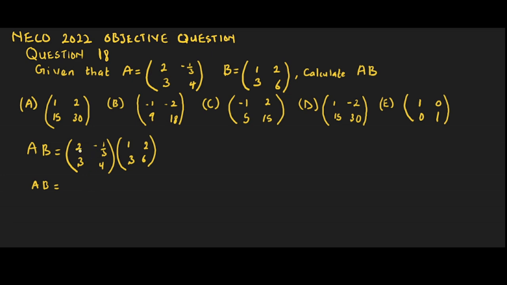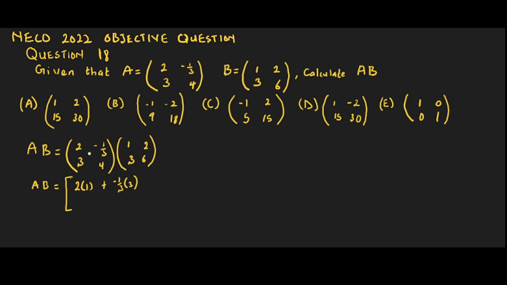We take 2 multiplied by 1, plus minus 1 over 3 multiplied by 3.